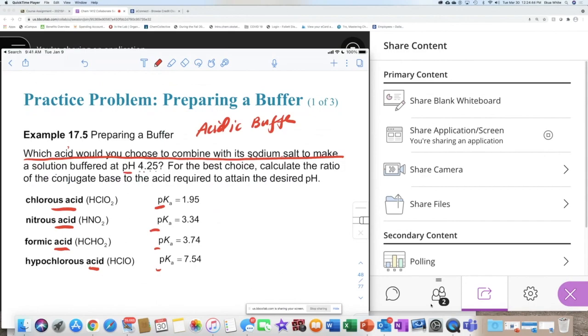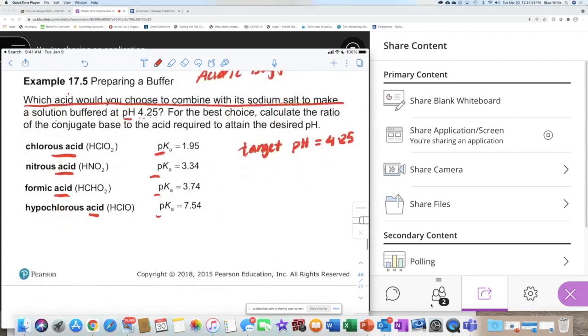Which acid would you choose to combine with the sodium salt to make a solution buffered at pH 4.25? Remember we talked about this, right? Our target pH that we're trying to maintain constant is 4.25. If we work backward, there's only a certain range of acids which can be made into a buffer that will work for this. The range was pKa plus or minus 1.